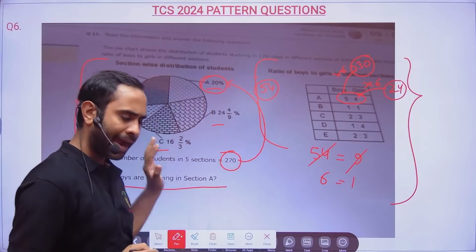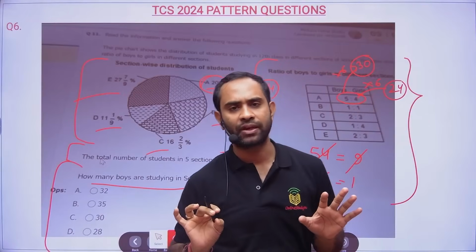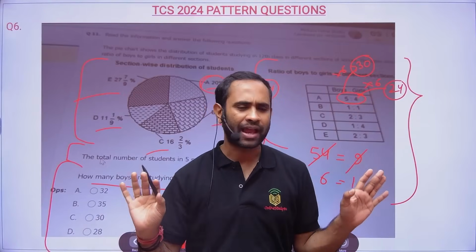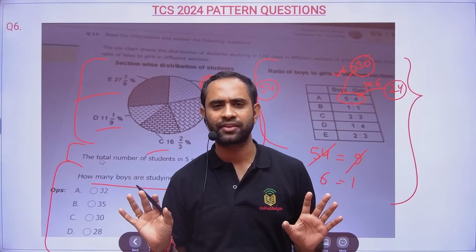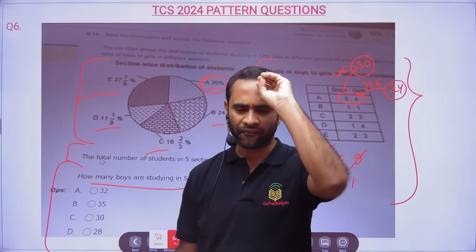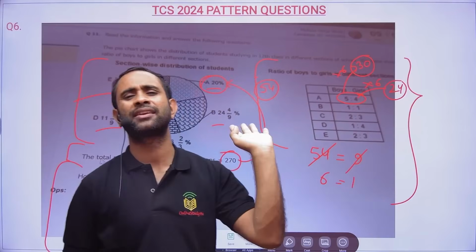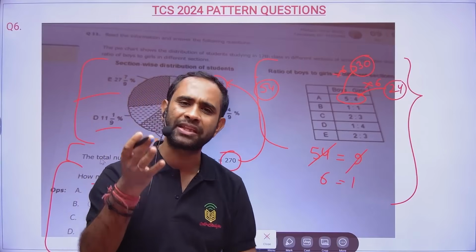So this is how you have to solve the questions in the examination. You have to find out what is required, and only that calculation you have to do, right? Friends, I'm telling you, a very basic level of approach you have to use in TCS. Many questions you won't be able to solve, don't worry about it. 5 to 7 questions, forget that you are not going to solve them. Doesn't matter, the cutoff will be within 10.